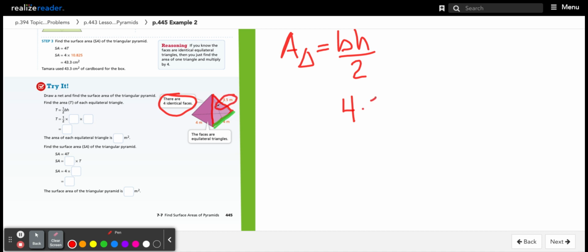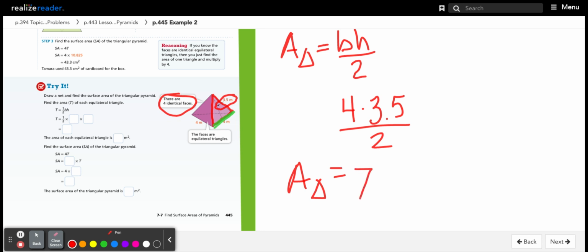So 4 times 3.5 divided by 2. So I'm going to put that into my calculator. My area of my triangle is, so it's the area of 1 triangle, 1 base of this 3-dimensional shape. 4 times 3.5 divided by 2 is 7.